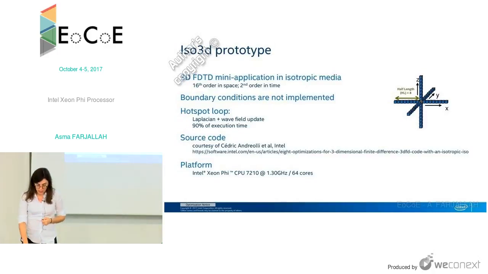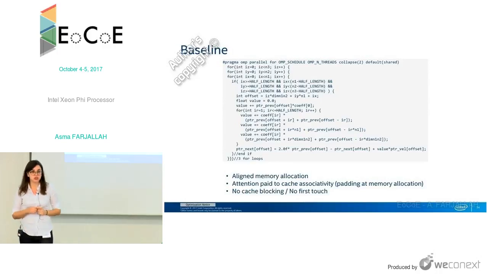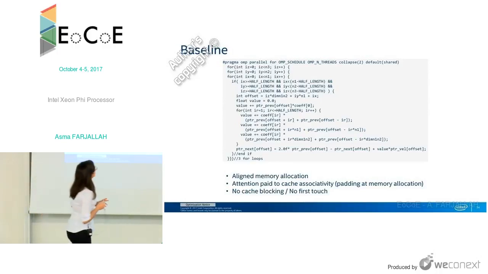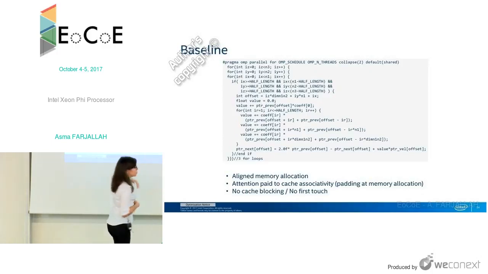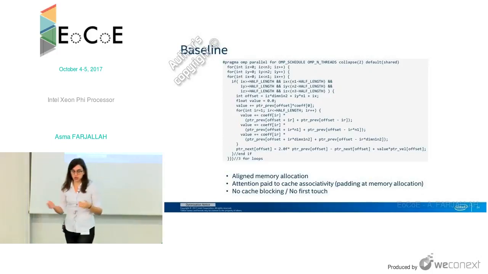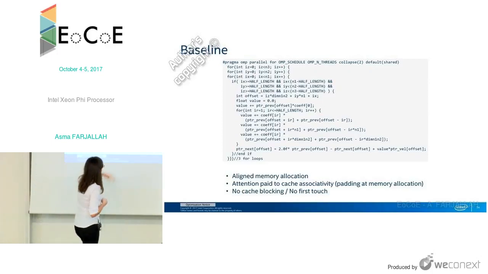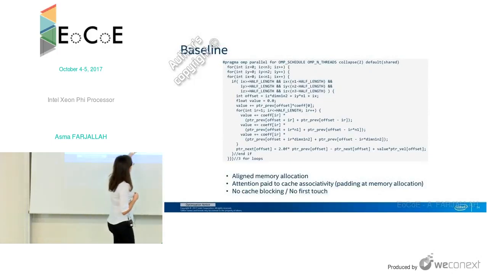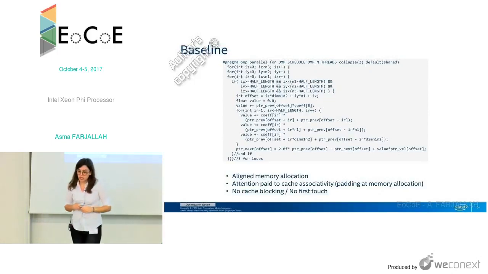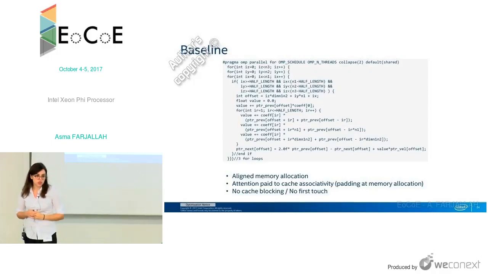I guess many of you are familiar with this kind of code, a stencil code where you have to access values from your neighbors. This is the first version of the code. Allocation of memory has been done in a linear fashion, no attention was paid to cache associativity, and in terms of optimization, no cache blocking was implemented in the first version.